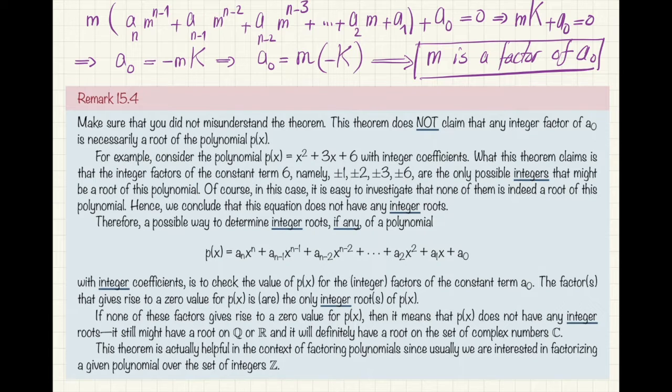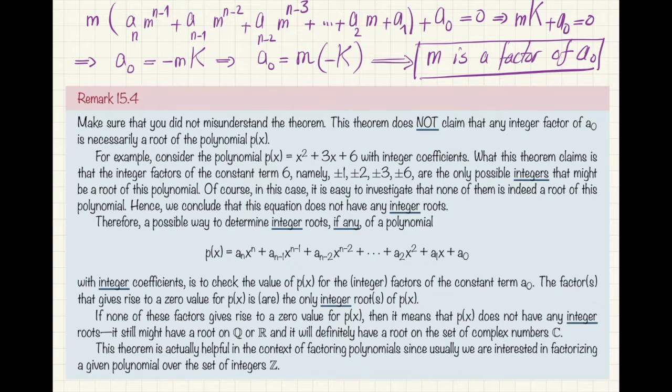For example, consider this polynomial: x squared plus 3x plus 6. The coefficients are all integers, 1, 3, and 6. What this theorem claims is that if this polynomial is supposed to have an integer root, that integer root should be a factor of this constant term.